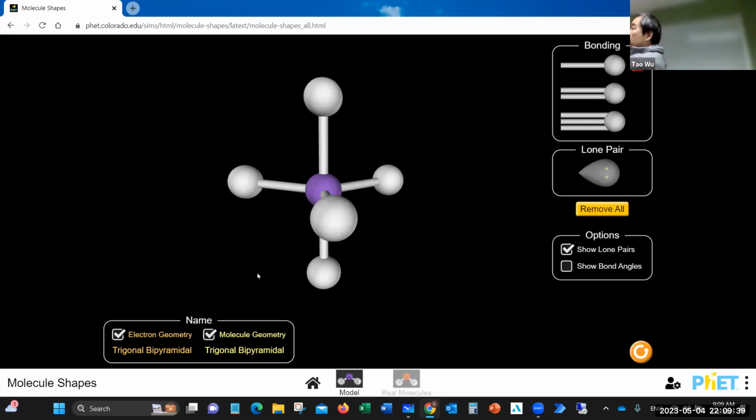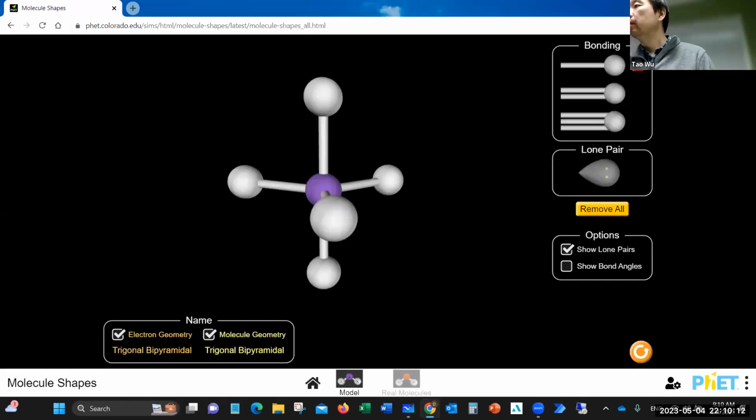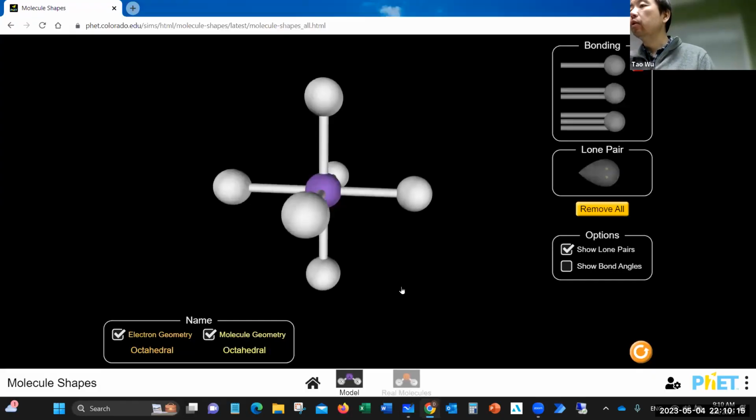One stick is up, one is down. So if you have 5 electron domains, that's called trigonal bipyramidal.